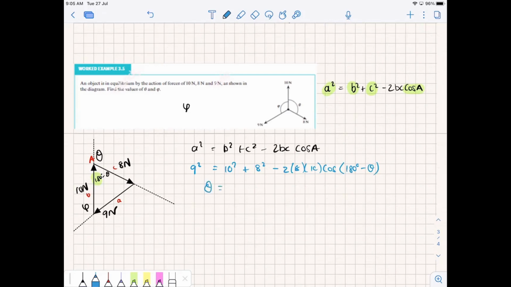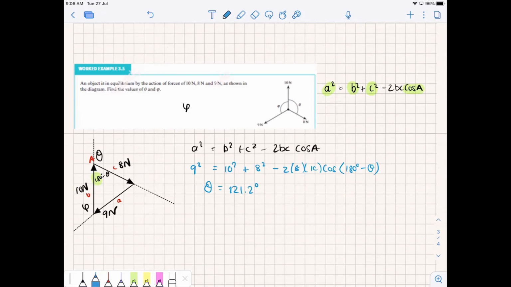And after crunching that, you should get 121.2 degrees. So there we are able to calculate the angle opposite. Right, now we have an angle, which means that if we were asked to find the magnitude of one of the vectors, we could now also do that.